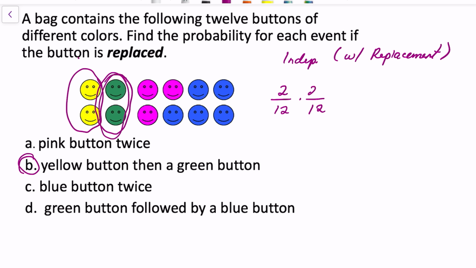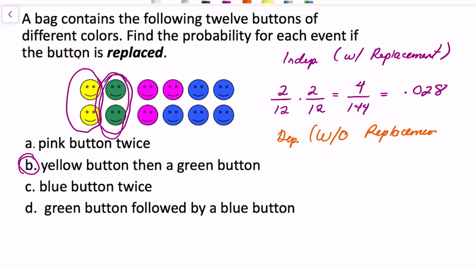I didn't take anything out. And 2 because I have 2 green buttons. We multiply across, and that's going to be 4 over 144 or 0.028. Now let's do the same thing, but we're going to do dependent events, which means without replacing the button into our bag.